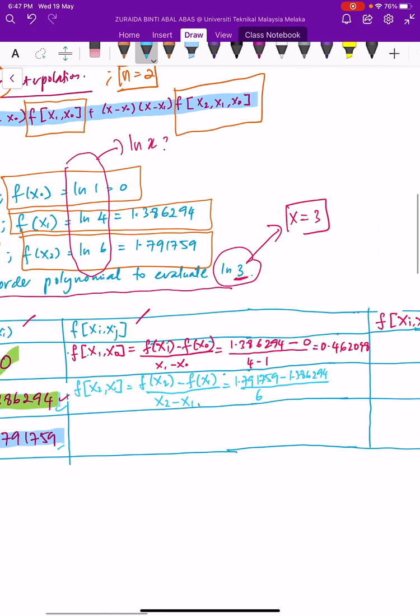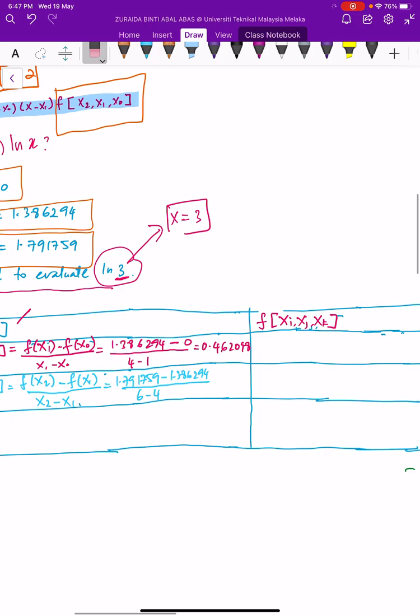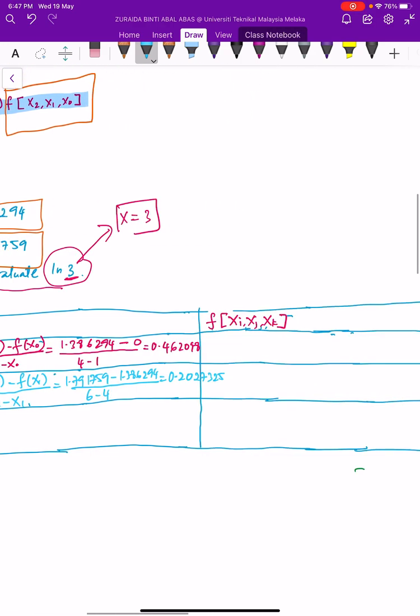Once you solve this, you should get 0.2027325. Oh my God, it's more than the boundary. I hope it is okay as long as you follow me.